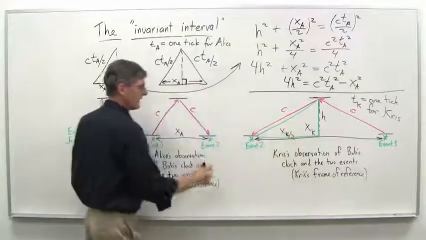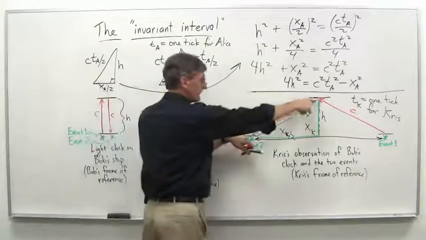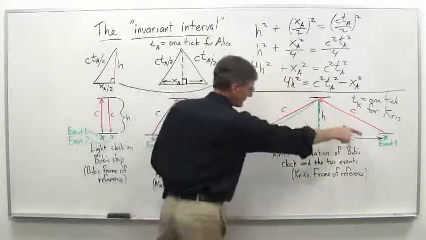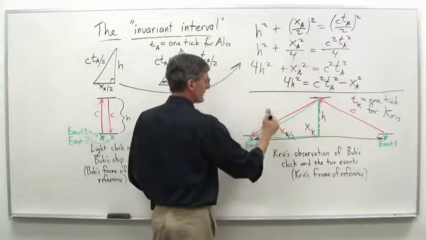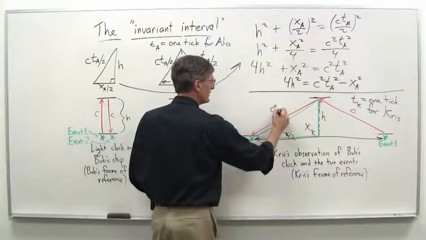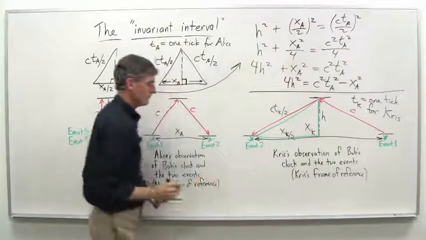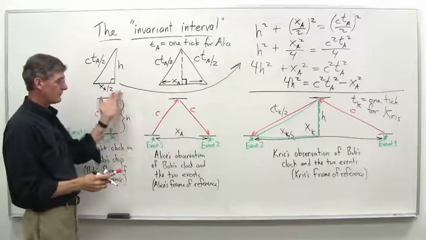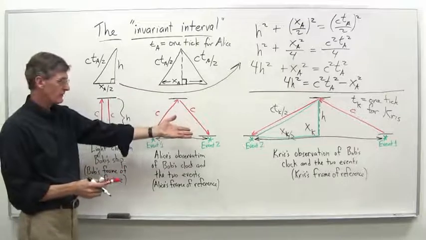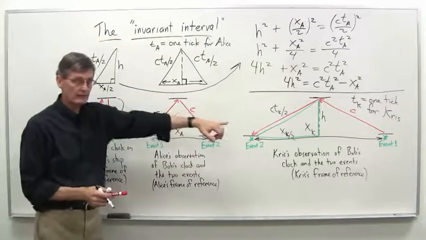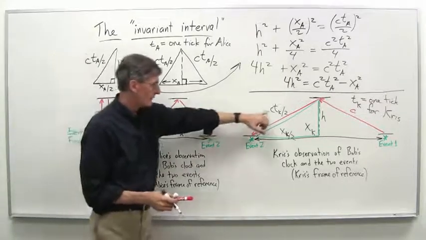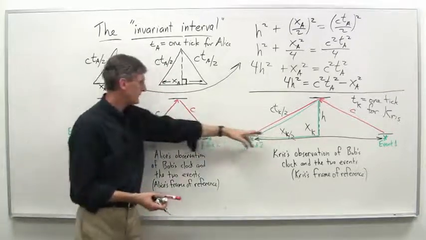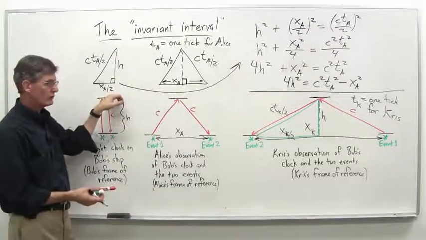And this distance here is the speed of light times half a tick, because it's half a tick up, half a tick down. So this becomes c t sub k over 2. Exact same little triangle as with Alice, just different values here. We have h is the same. That's going to be important here in a minute. But we have c t sub k over 2 versus c t sub a over 2, and x sub k over 2 versus x sub a over 2 here.